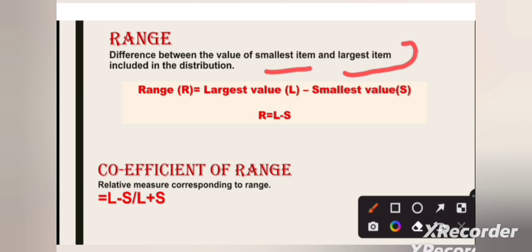In simple words, if we are having any data set, our range will be equal to maximum value minus smallest value. Coefficient of range is the relative measure corresponding to range and is given by largest value minus smallest value divided by largest value plus smallest value.